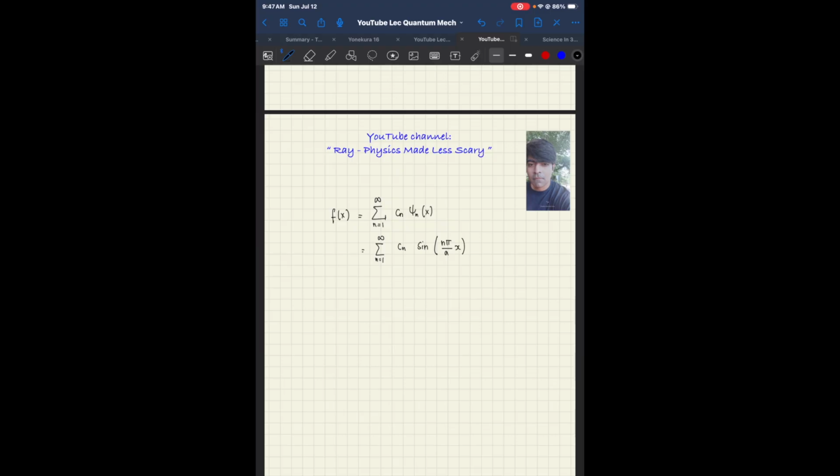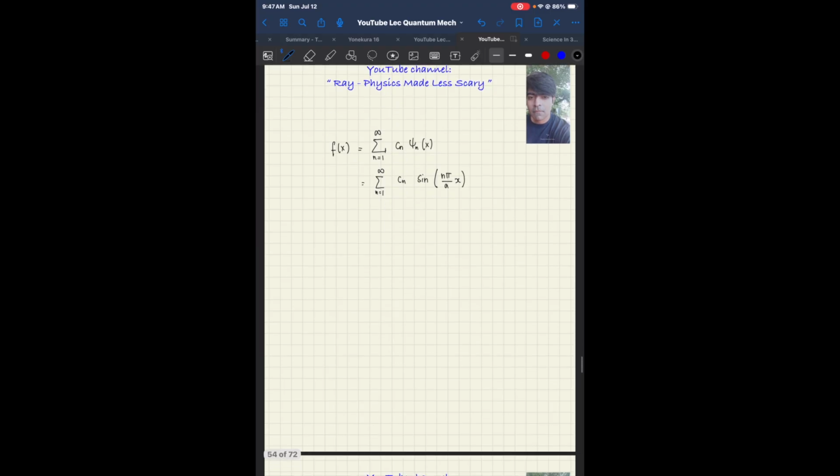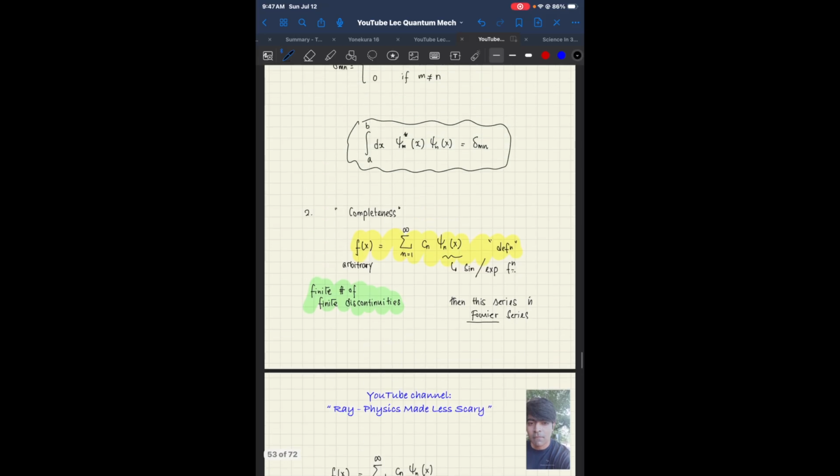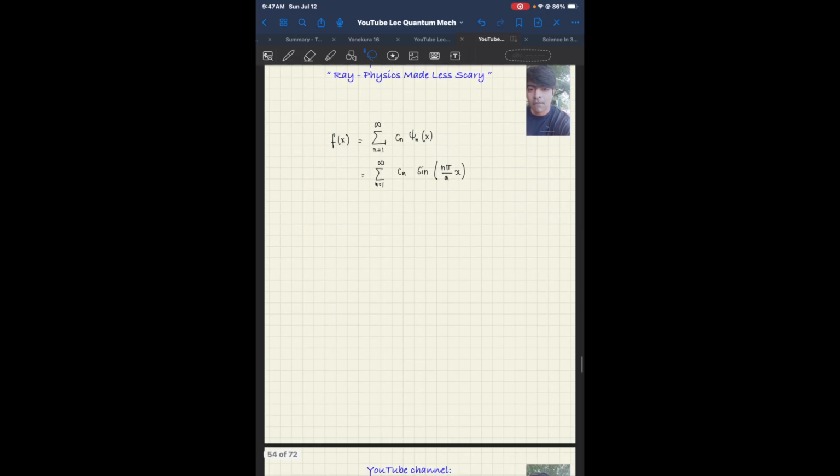Something like this. Then, using this formula that we just derived, in our case this was from 0 to a.